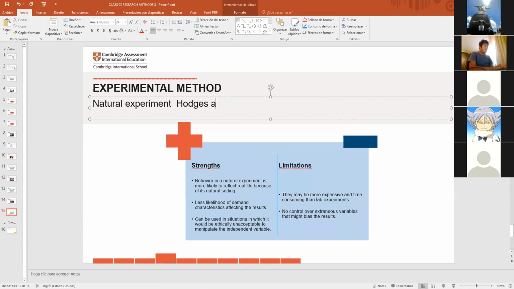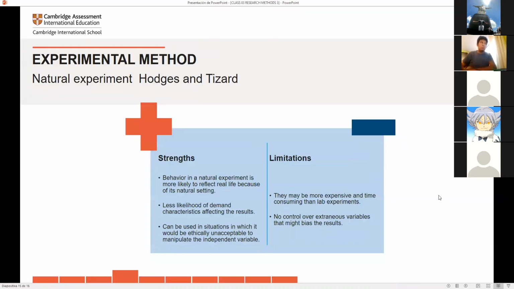What did they do here? They selected a group of orphans and saw how they adapted to their foster families over a period of 5 or 10 years, a large period of time. So it was a longitudinal experiment. Okay, so how did they measure that?